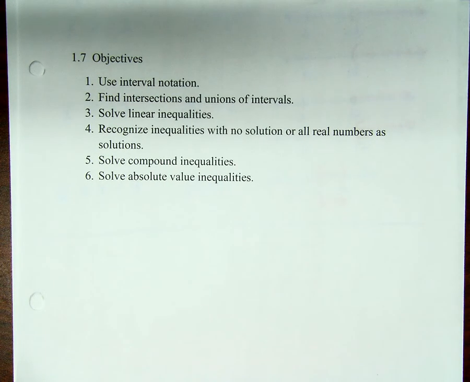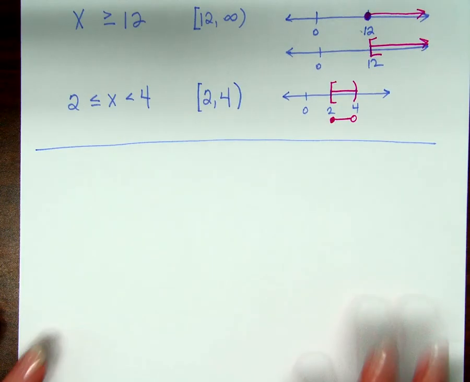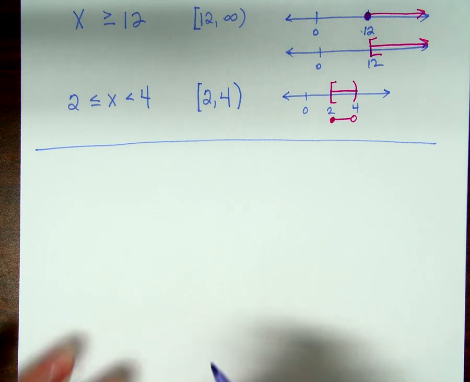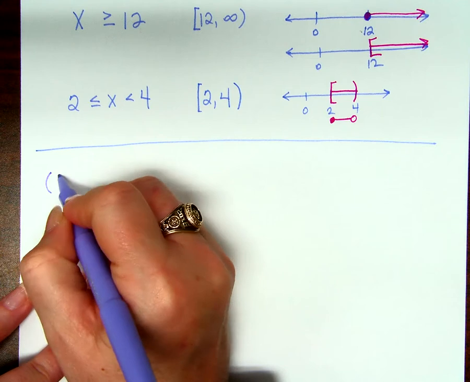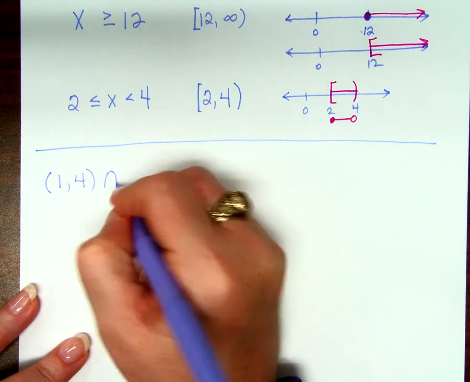Intersections and unions of intervals. Didn't do this in Algebra 2. This is new for you. Okay? Two new symbols that you've got to learn. Let's say, first of all, that my answer is this.